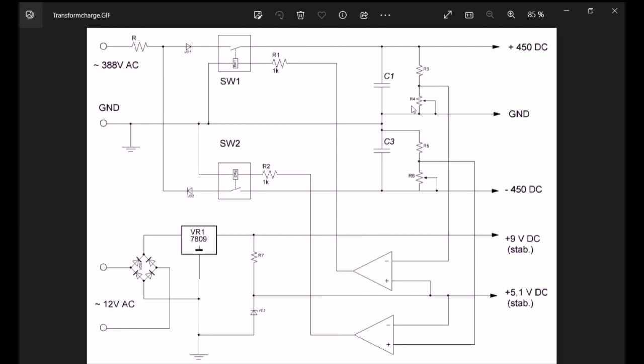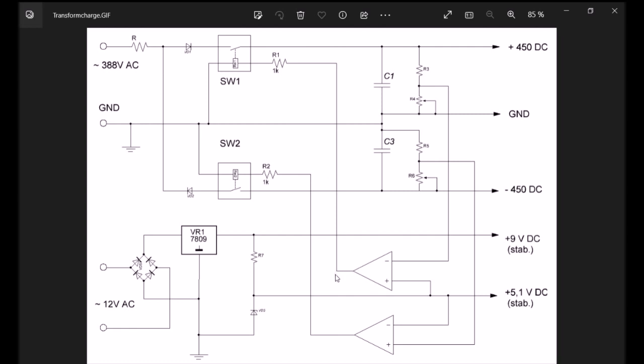This circuit works simply: when the control voltage exceeds the set value, the operational amplifier closes the relays and charging stops in both branches.